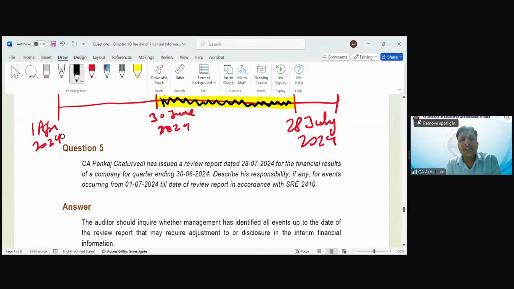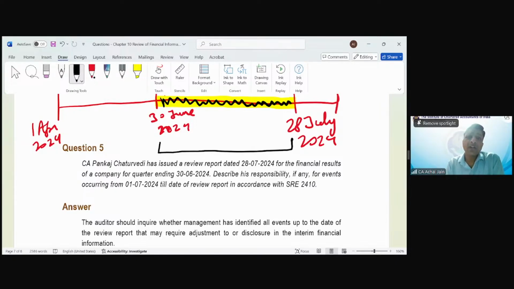So now in this case, what is the responsibility of the auditor for this period? Okay, so we have an accounting standard. The accounting standard talks about any event subsequent to the reporting date and checking whether it is adjusting or non-adjusting.